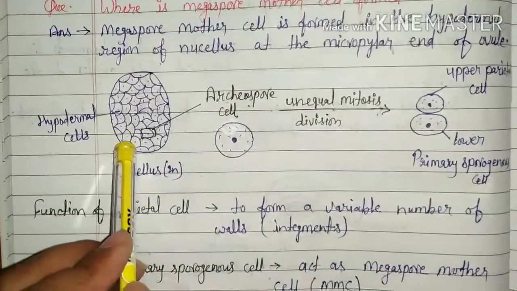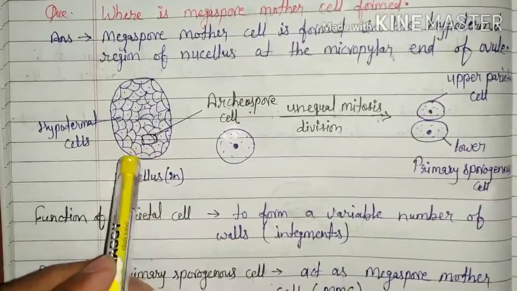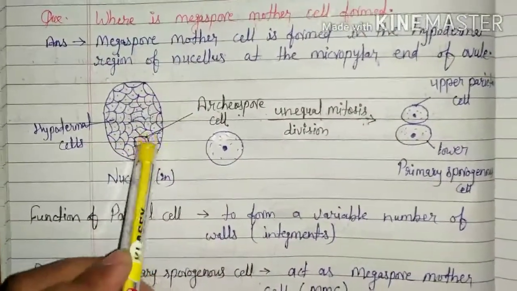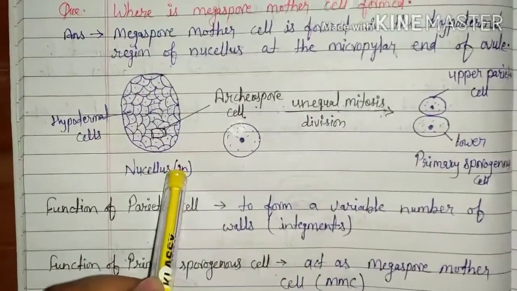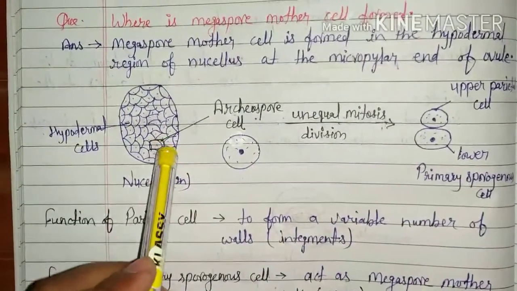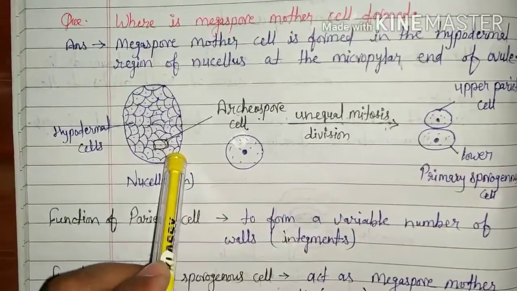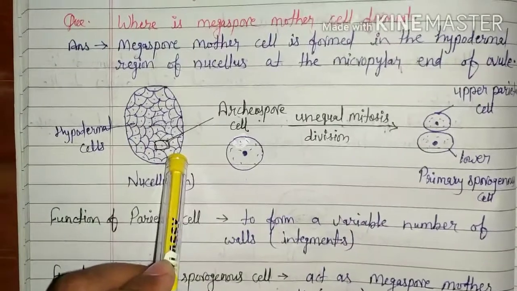Let's see the MMC process. It is the nucellus structure, a diploid cell group located inside the ovule and surrounded by the outer integument and inner integument.